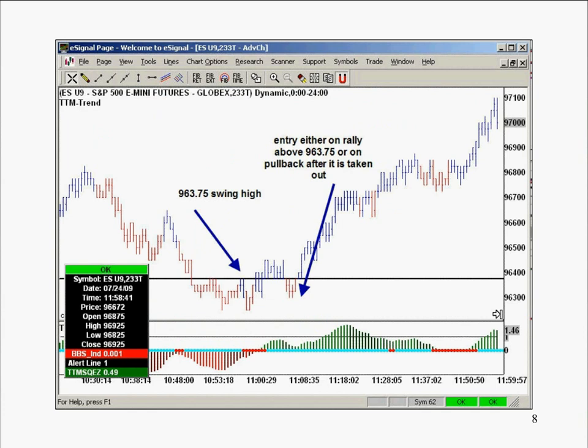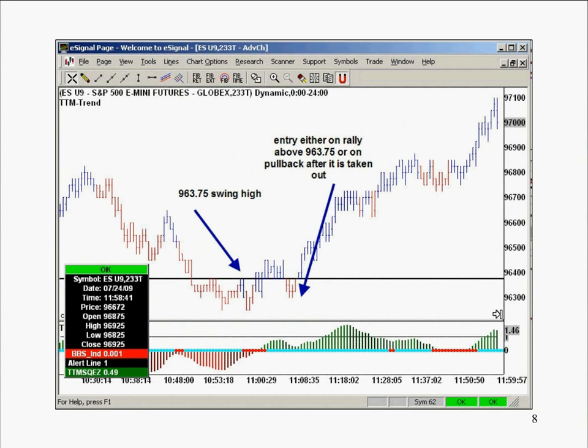This next chart is using the TTM trend and squeeze indicator, and there are 2 different ways to enter. And I did put this in my book chapter on triggers. Either you can enter on taking out the prior swing high.